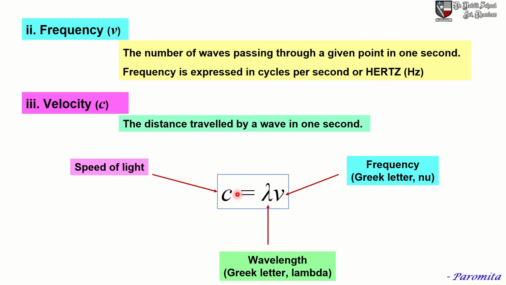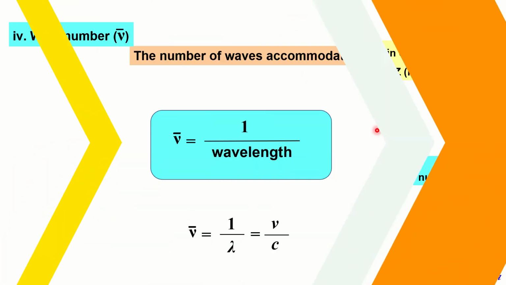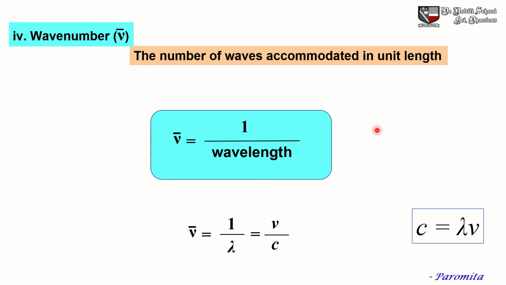Now this is the relation between speed of light, wavelength and frequency: c is equal to nu lambda. So write this equation, c is equal to nu lambda. In spectroscopic work, a term called wave number is often used. Wave number is denoted by nu bar.